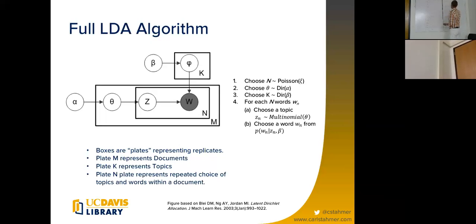Alpha is actually a vector of its own, with a value for V1, V2, V3, Vn. We're saying for this word, this is the probability that it belongs to the topic, and for this word, this is the probability, and for this word, this is the probability.